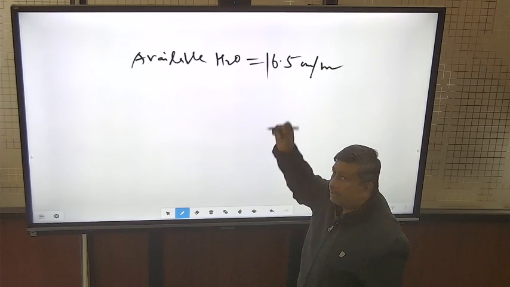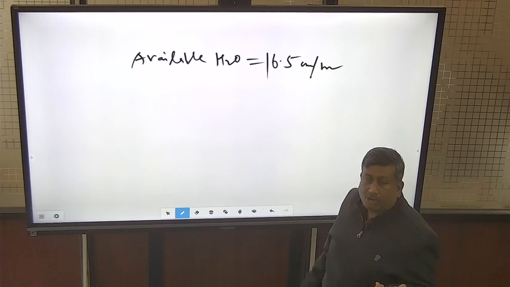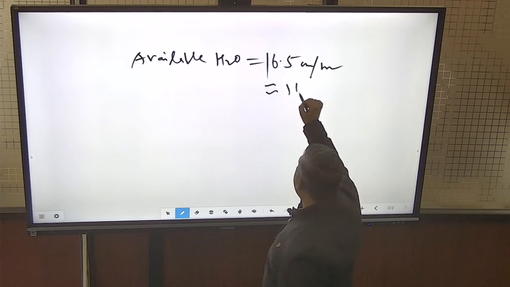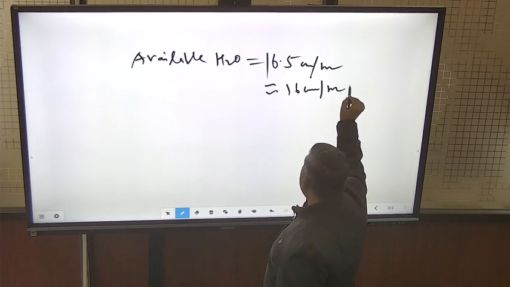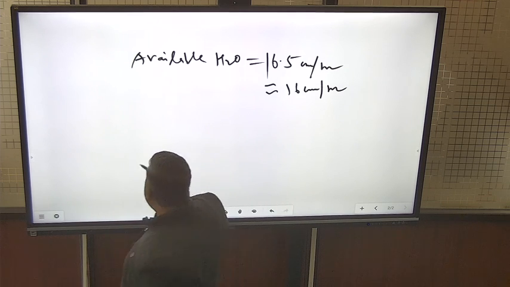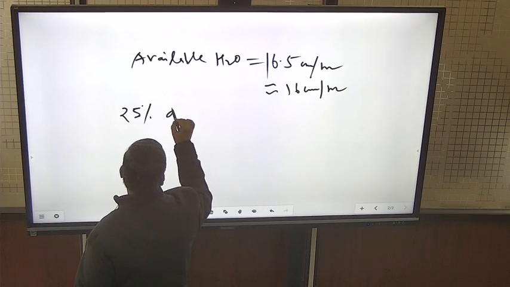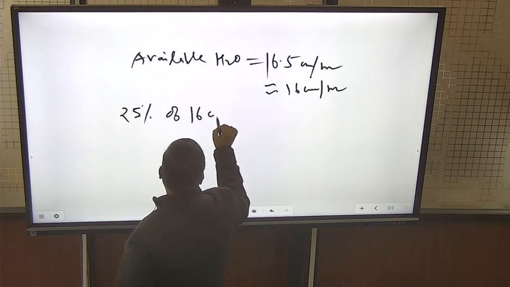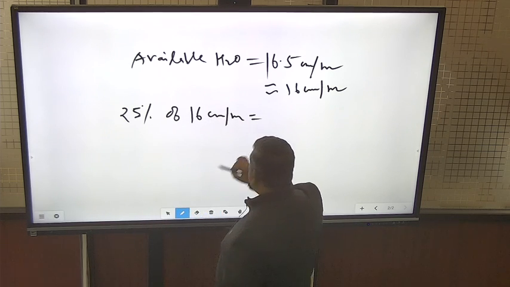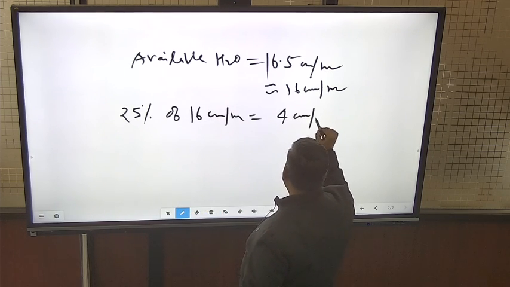Okay, so now suppose any crop can tolerate 25%. I approximate 16.5 to 16 centimeter per meter for the calculation. Suppose a crop can tolerate only 25% depletion of available soil moisture, then 25% of 16 centimeter per meter is 4 centimeter per meter.